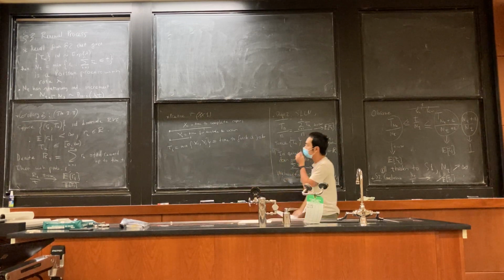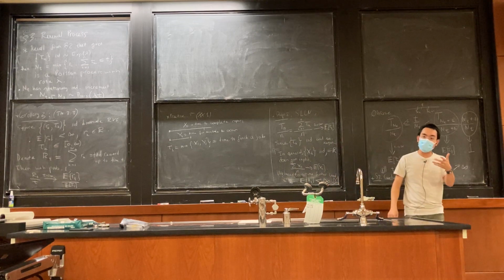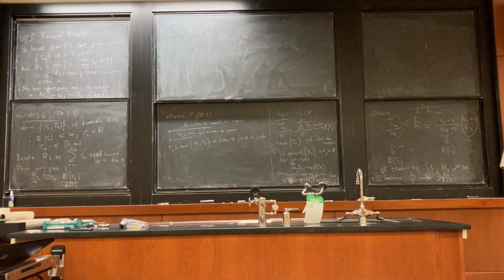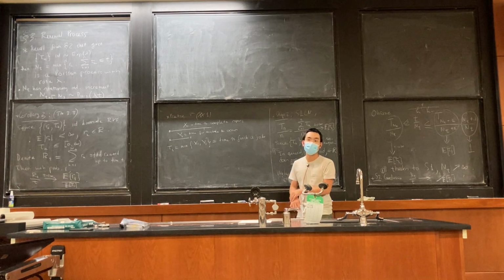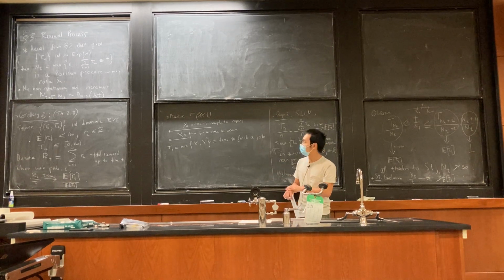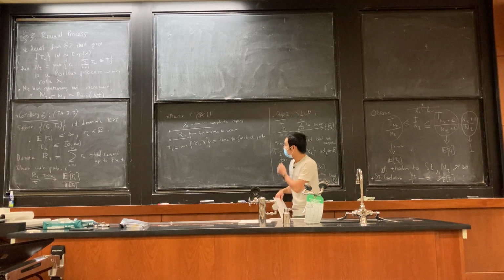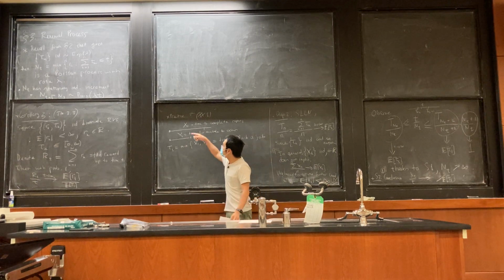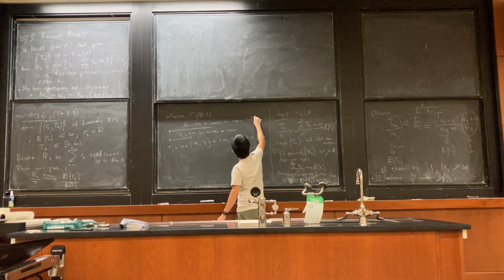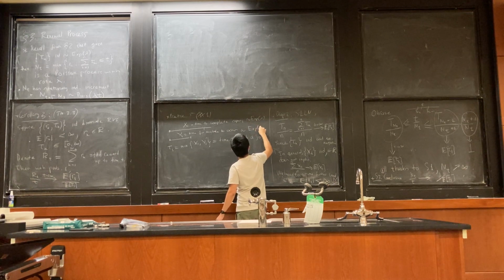That means whichever goes first: either I complete the repairing or the mistake occurs. Either way I have to stop and move on to a new job. So the time to finish a job is simply the minimum of these two random variables. This is exponential mu, and this is exponential lambda.